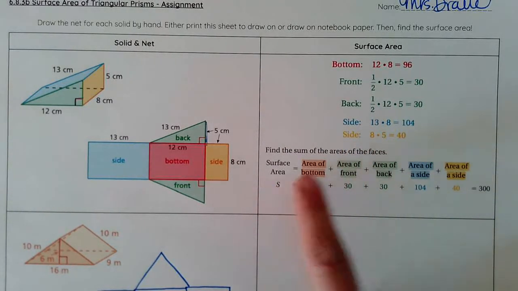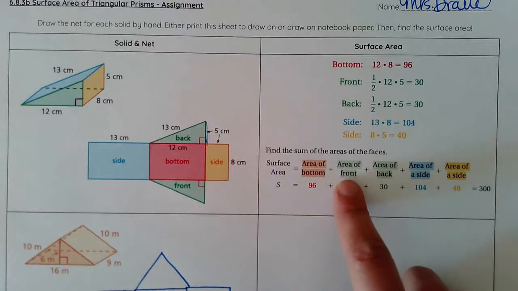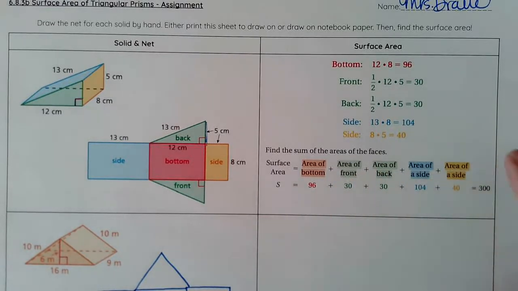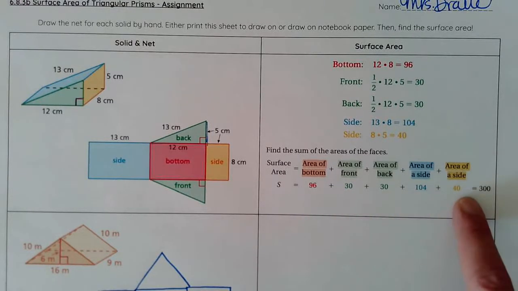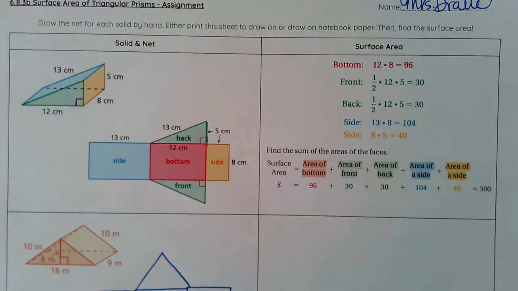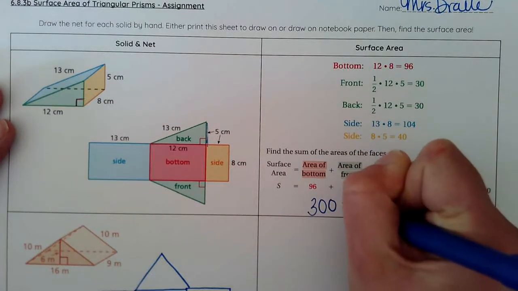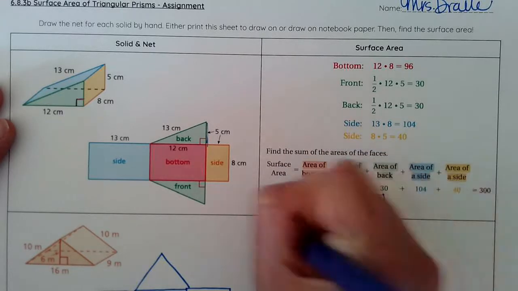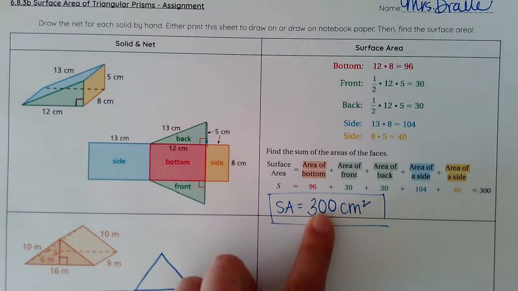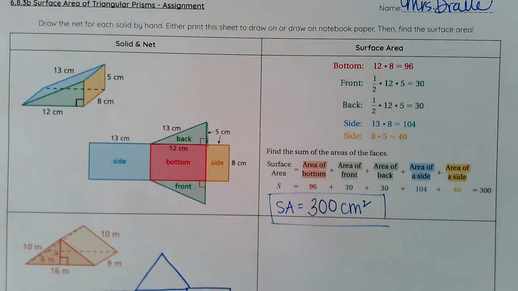So then we write our surface area formula, which is area of the bottom plus area of the front, area of the back, plus area of the side, area of another side. I substitute in my areas for each of those, add them up, getting me a surface area of 300 centimeters squared.